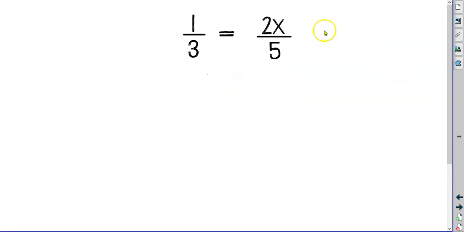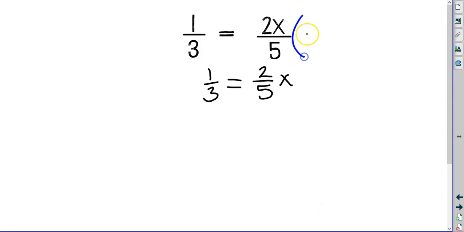In this problem, the variable is inside the fraction. When that happens, simply rewrite the fraction with the variable off to the side. The reason we do this is so that when you take the reciprocal, you don't accidentally write the x in your value, because that is entirely wrong. We don't want to write any variables in our reciprocal here or in our multiplicative inverse because we're not trying to cancel out the x.